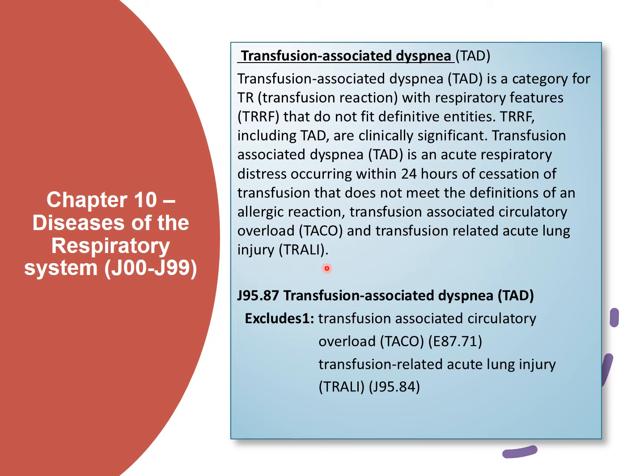It is a significant complication, hence a new code has been added. It does not fit into any of the definitive entities, but it is clinically significant. Hence, the new code has been created, that is J95.87, transfusion associated dyspnea. These are the two changes in chapter 10.